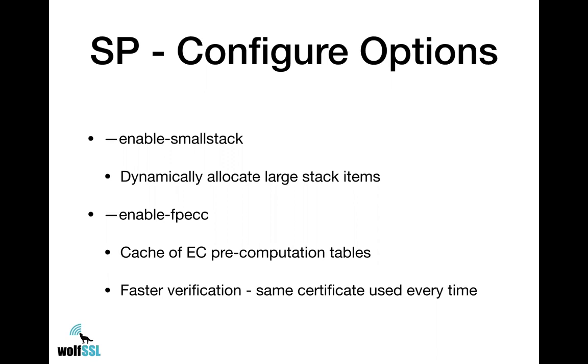So you can cache the pre-computation table for the public key in the certificate. And this significantly improves the performance of the verification. We're talking two and a bit times faster.